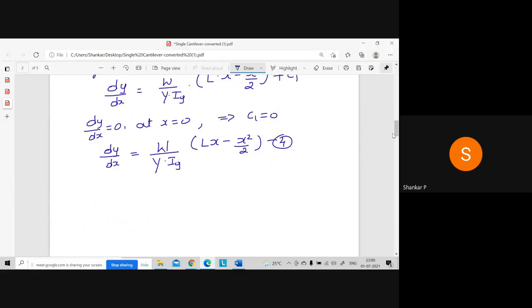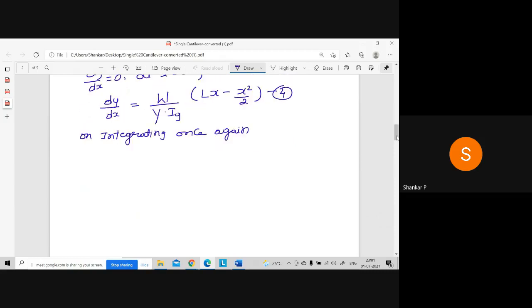Integrate this equation 4 once again. On integrating the above equation once again, so we will get, let us rewrite this, dy is w by Y Ig into L x dx minus x square by 2 dx.